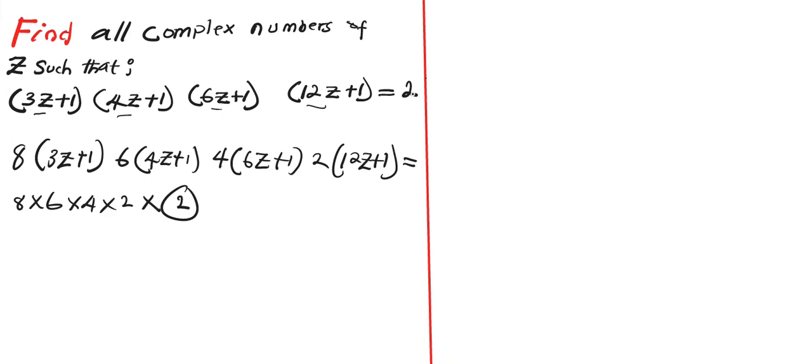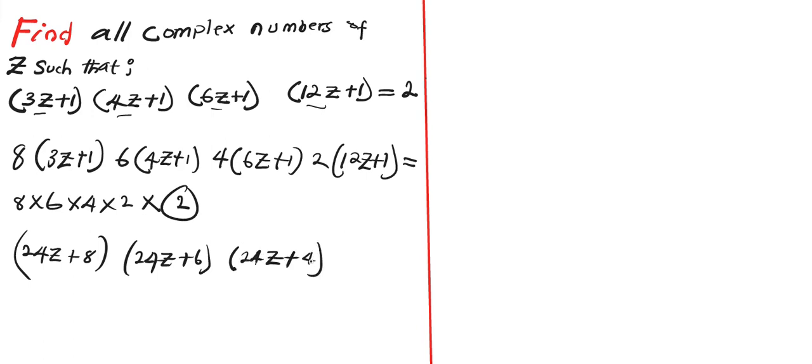This one is this 2 here. Okay, so let's multiply everything out. We're going to have 8 times 3z, which gives us 24z + 8. Then we have 24z + 6, then 24z + 4, then 24z + 2, which is equal to 768.